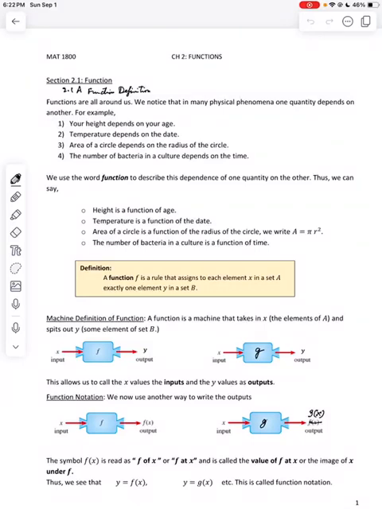Hi, let us start chapter 2, which is about functions. I have divided this section 2.1, which is about functions, into 3 parts.